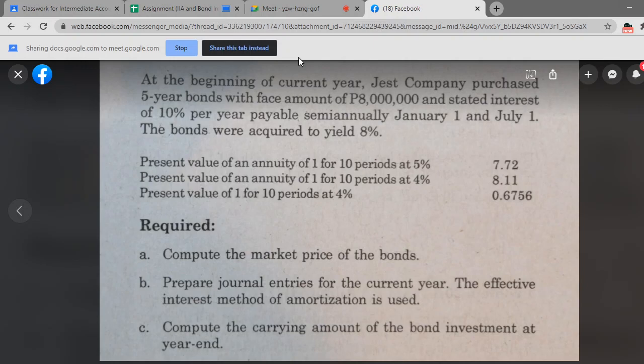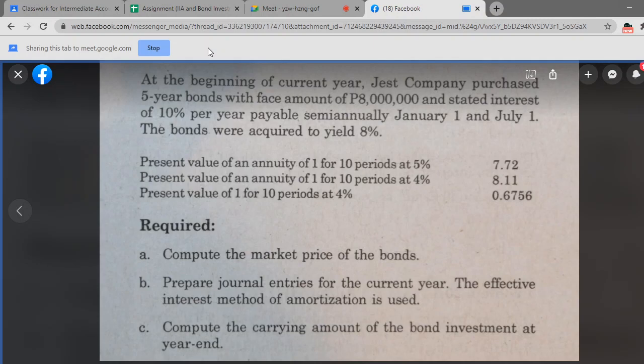Pero, if you try to look at it, semi-annual daw ang ato ang pagbayad sa interest. The end there, remember the formula that I gave you, di ba na negative n? Ang n dito is the number of periods or the number of times nga makadawat ka og payment, whether interest or principal.